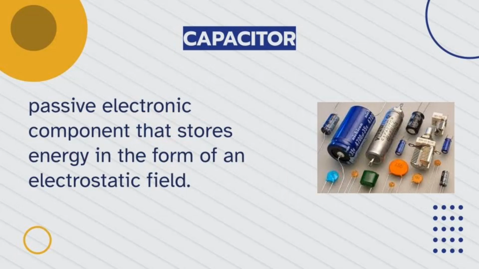Now, what is a capacitor? A capacitor is a passive electric component that stores energy in the form of an electrostatic field. It stores that electrical energy by accumulating the electric charges on two closely spaced surfaces that are insulated from each other.